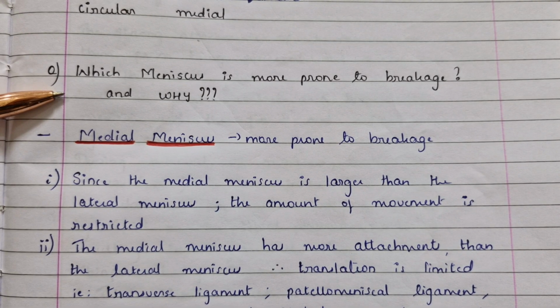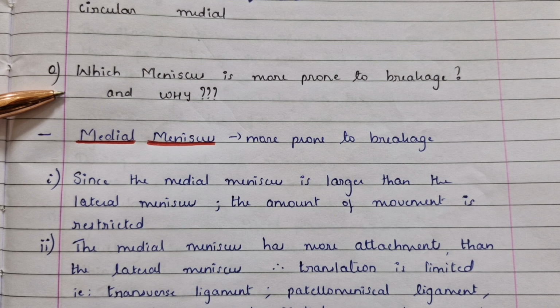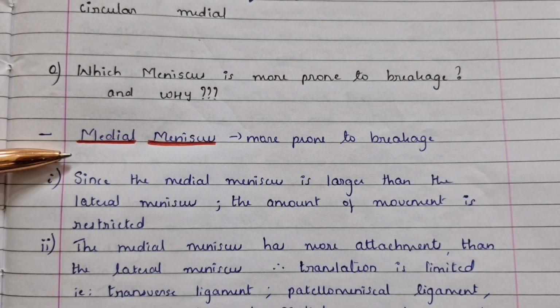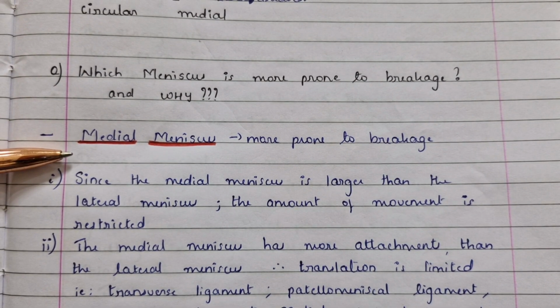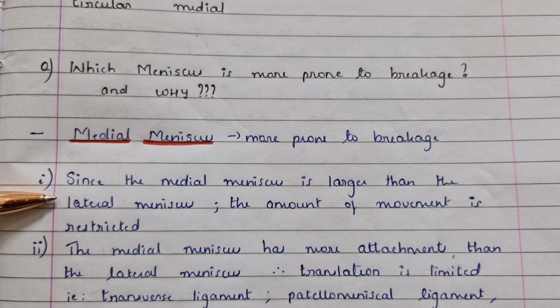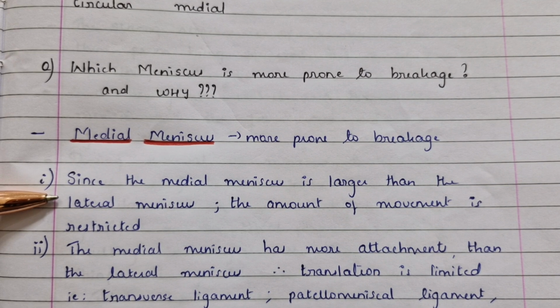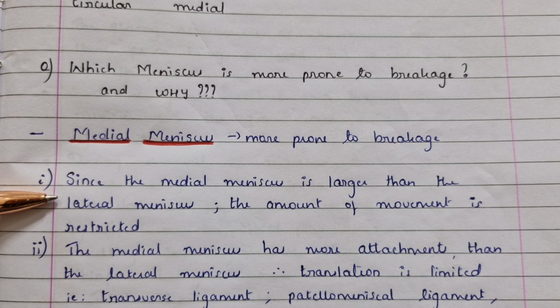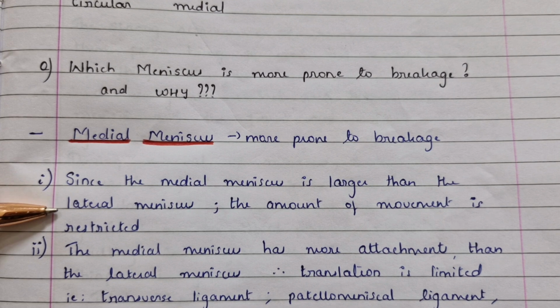Which meniscus is more prone to breakage and why? The medial meniscus is more prone to breakage. As previously discussed, since the medial meniscus is larger than the lateral meniscus, the amount of movement of the medial meniscus is restricted. Therefore, it is more prone to breakage.